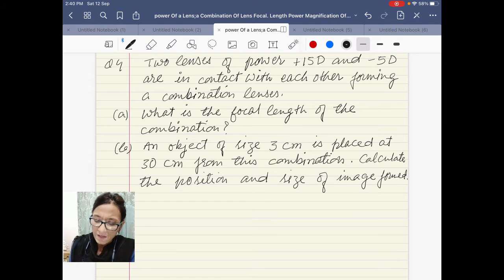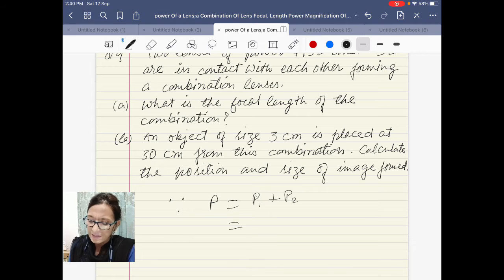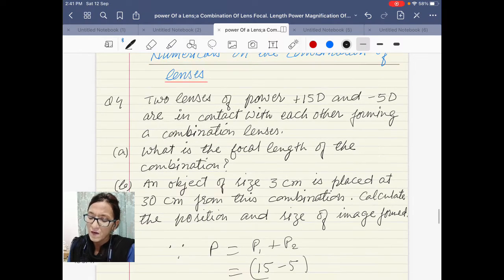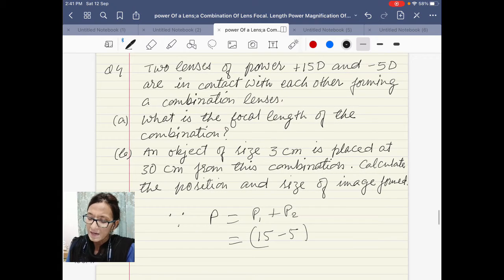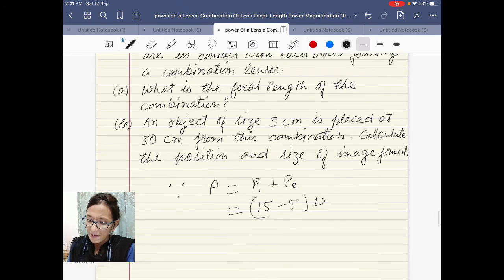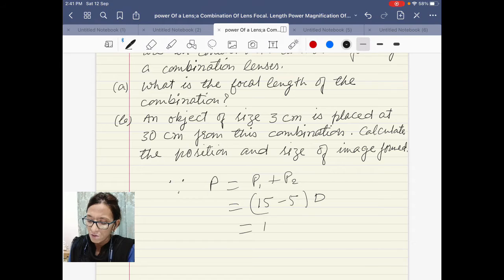So firstly, we have been given the power of the 2 lenses, so we will find the net power. The power of the combination we know is equal to P1 plus P2, and this is equal to 15 minus 5, because one power is positive and another is -5. So I have considered the sign also. This is your 10 diopter.